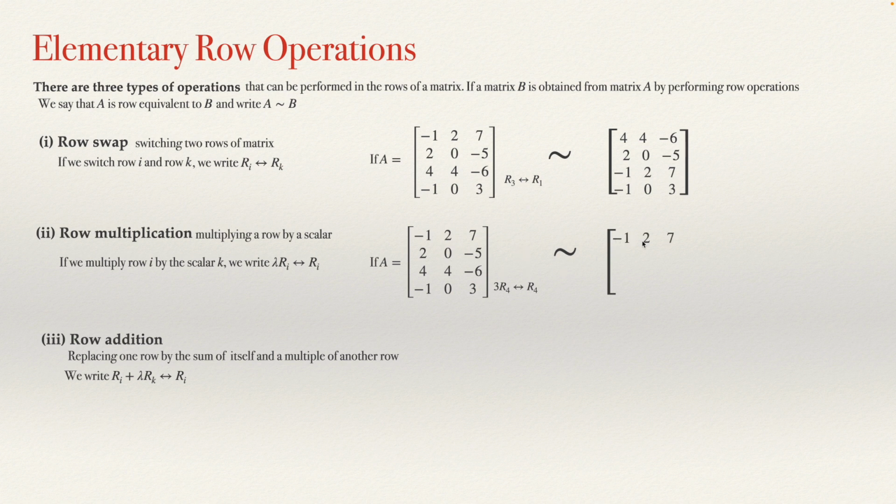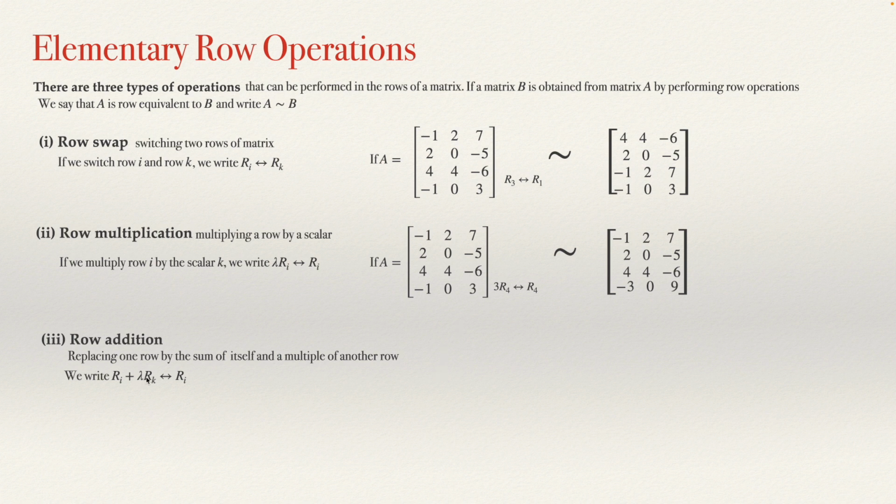The first, second and third rows don't change, but in the last row, instead of minus 1, we're going to have minus 3. We're going to multiply by 3. Here will be 3 times 0 is 0, and here 3 times 3, 9. So it will be minus 3, 0, 9, the elements in this row, and that will be the new matrix. This matrix is row equivalent to the first one.